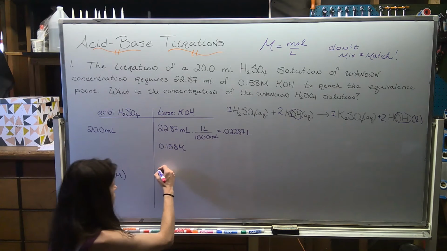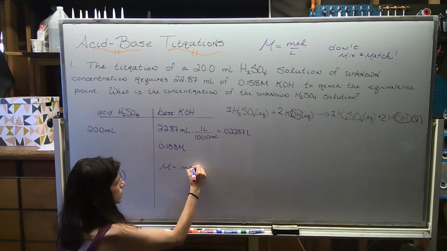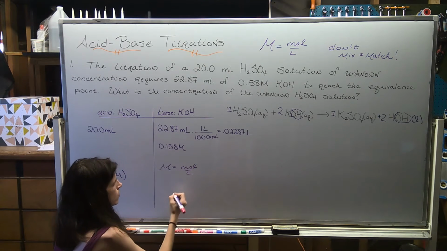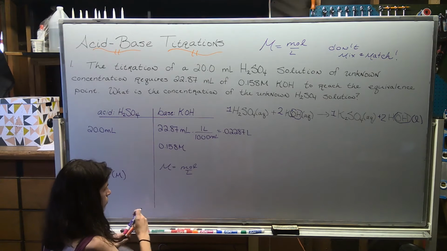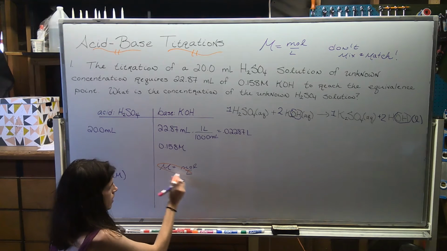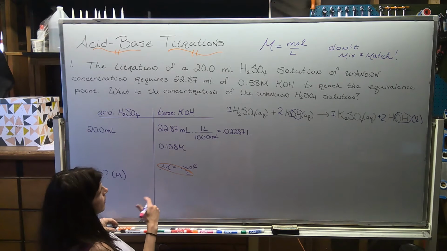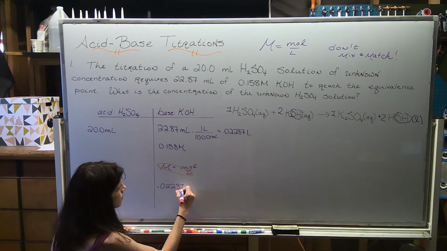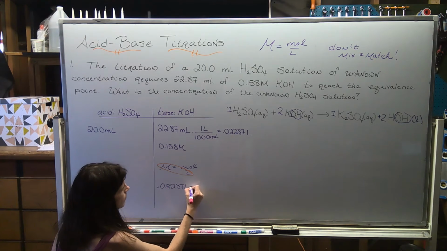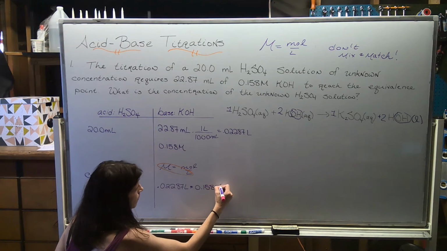And then I'll use molarity equals moles over liters. So I'm going to multiply, right? In order to solve for moles, I should do liters times molarity, and that's going to give me moles. So I'm going to do 0.02287 liters times 0.158 molar.